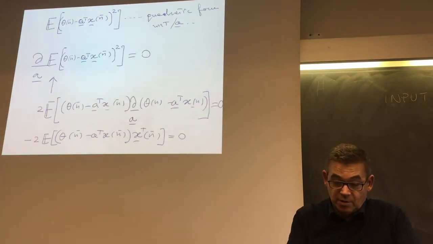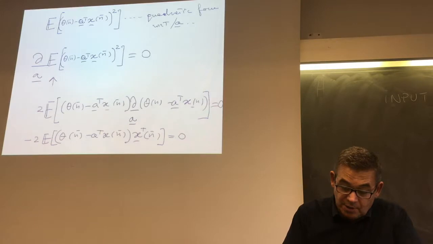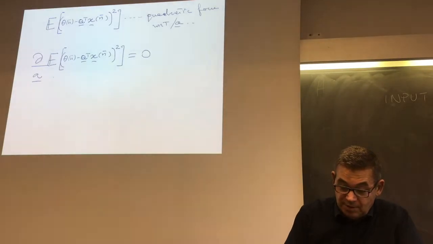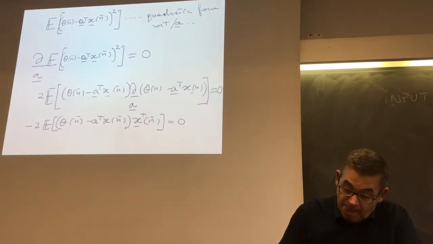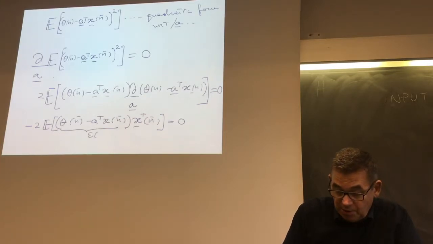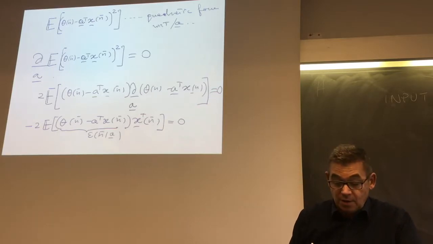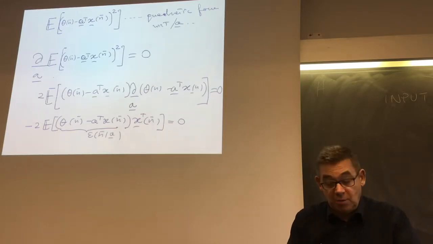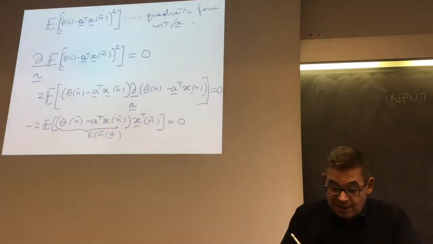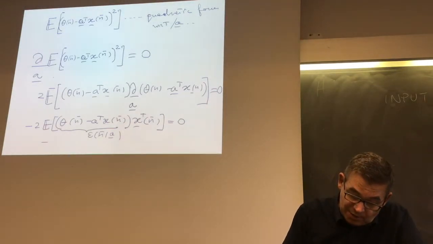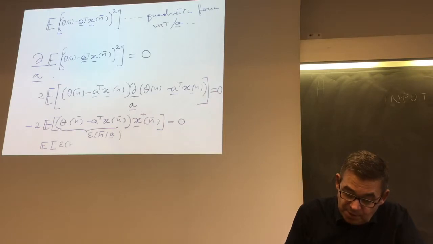Now, I need a little bit of space. So now, let's reinterpret this. This is the error that depends on n naught, but also on A. If I rewrite this equation, it is telling me that the solution is the expectation of epsilon n.